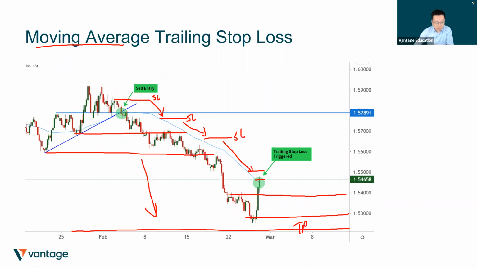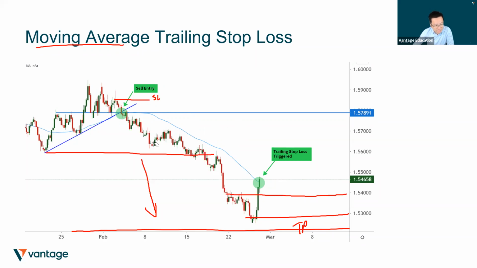Make sense? So you can see that if you kept your stop loss at that point, just to clean it up a little bit, taking all that away, if you kept your stop loss up there and you didn't apply it, then you've just gone down and hit your take profit, you'll be out.